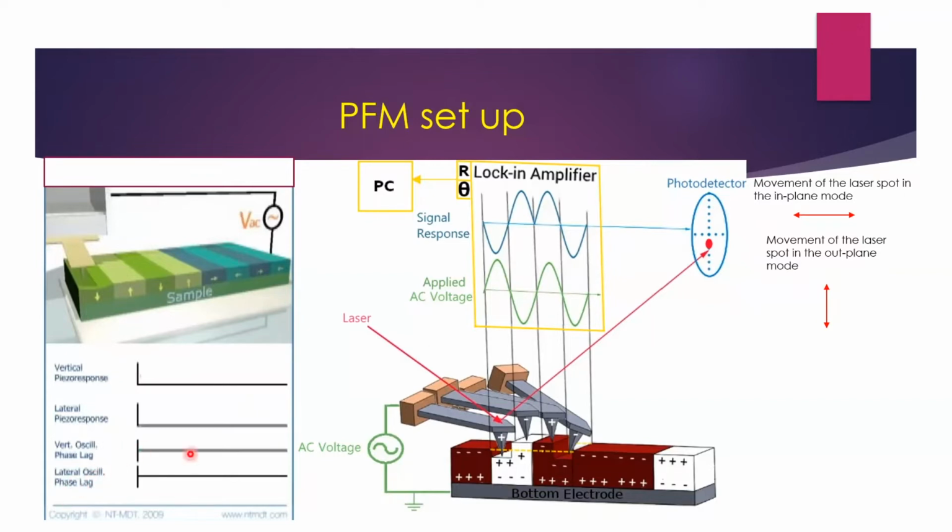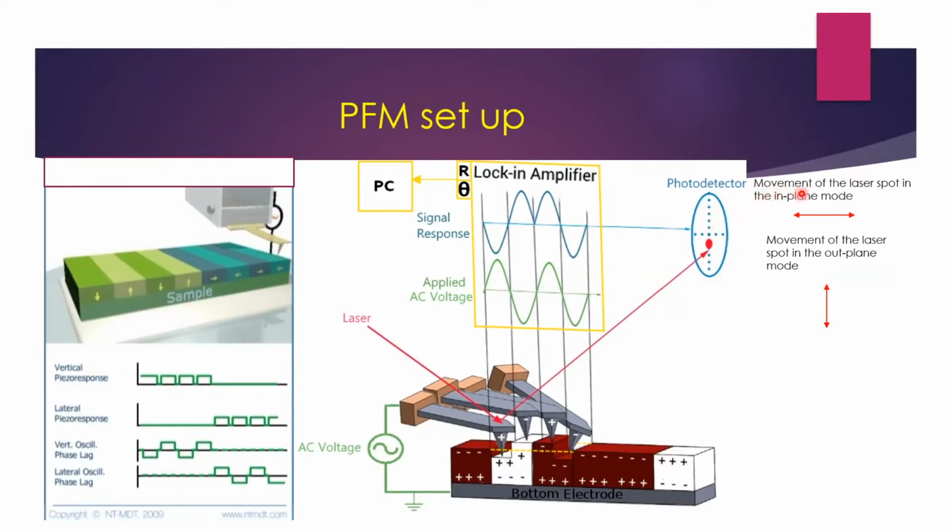See this animation. In this animation, we can see the movement of the cantilever. It's important to see that the cantilever is going to respond differently for the domains that are in the plane and the domains that are oriented out of the plane. To measure the two different responses, we use the response of the photodetector.